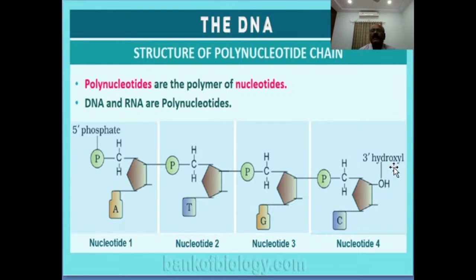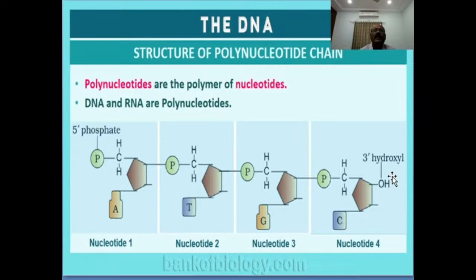You see here, the hydroxyl group is connected to the third carbon of the sugar. This is treated as 3 prime. So in DNA and RNA, each strand's starting point is called 5 prime and the ending point is called 3 prime. This is very important.